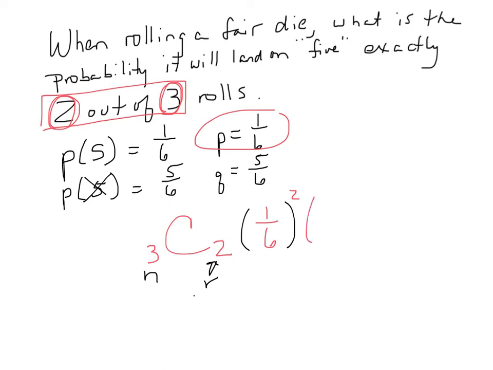And then the probability of failure here is 5 out of 6. That's this one. That's my Q. And if out of 3 rolls, if I'm getting 2 5s, that means the difference between them is I'm going to get 1 roll that's not a 5.